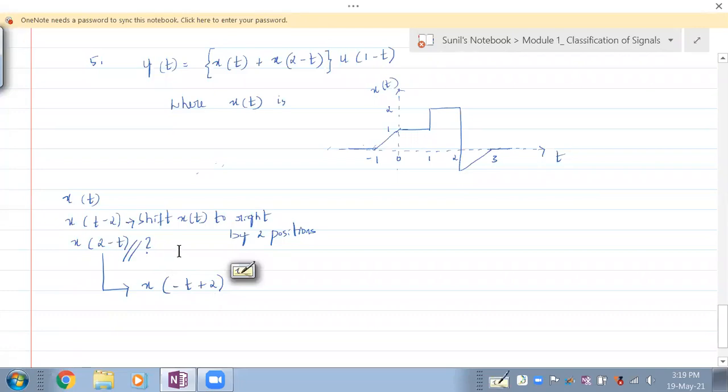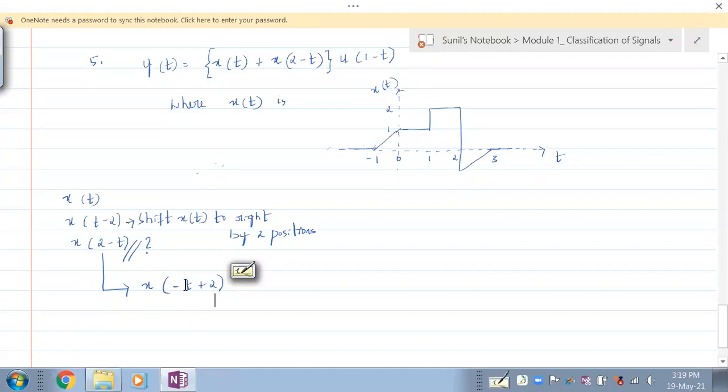Now, this signal has got a time shift as well as a time scale. What do you think you should be doing in such a case? You'll be shifting first and then scaling next. Yes or no?